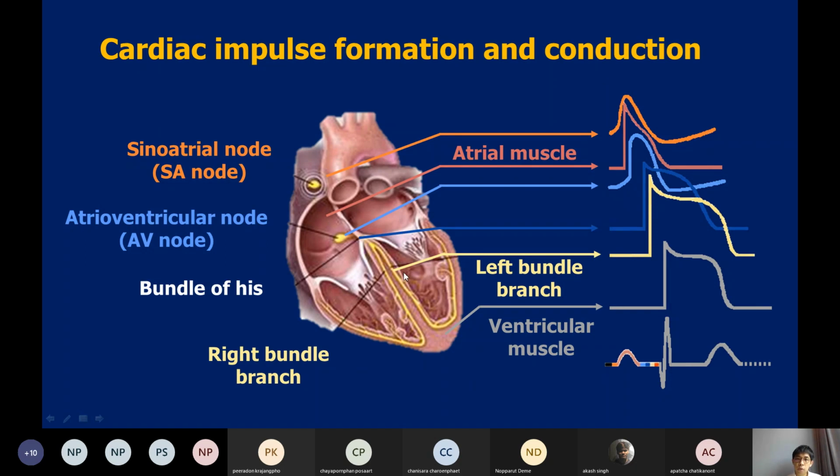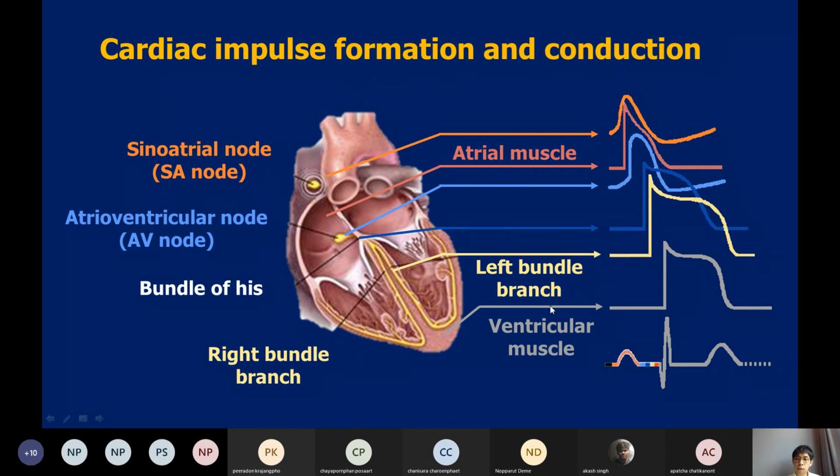In the right diagram, you can see the action potentials of different locations of the cardiac cells. In the SA node area and the AV node area, the action potentials are quite the same because these two are the action potentials of pacemaker cells. But in the other areas, the action potential is different.